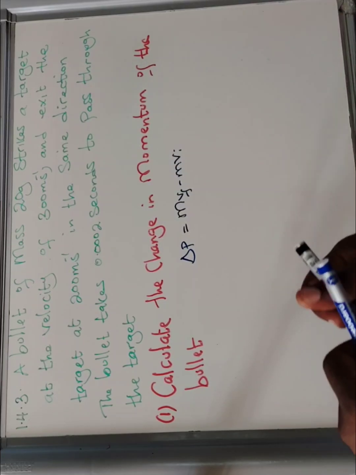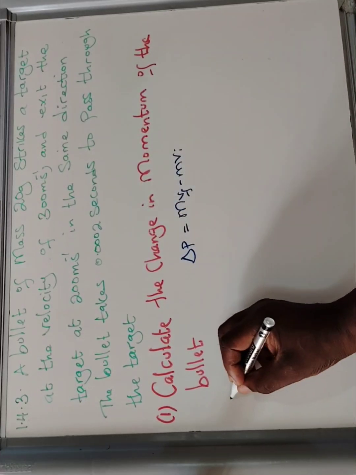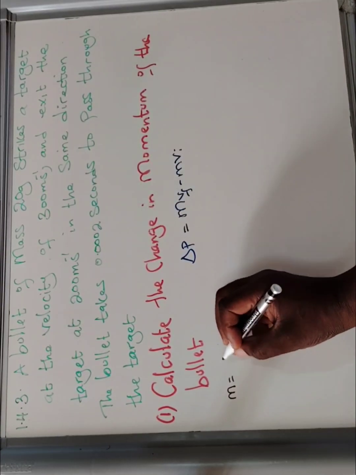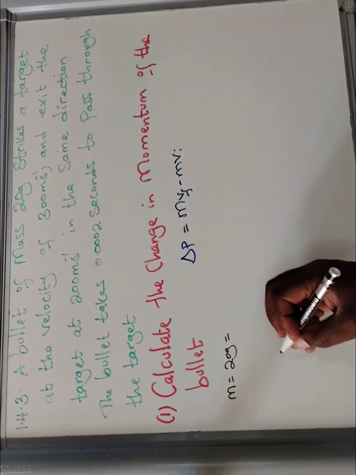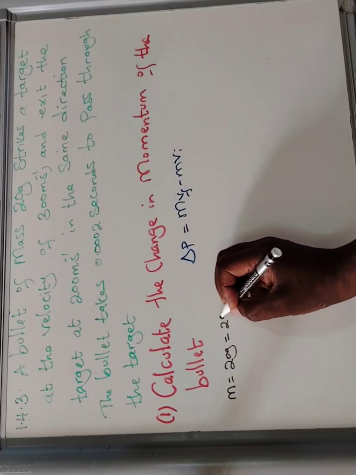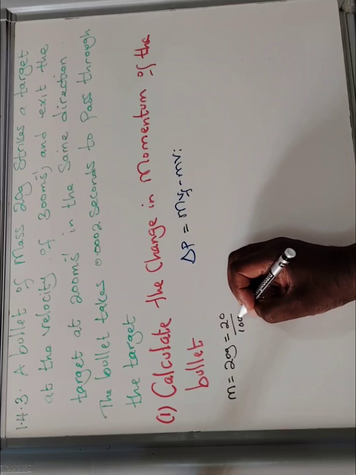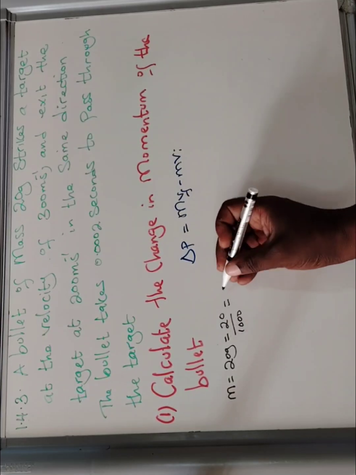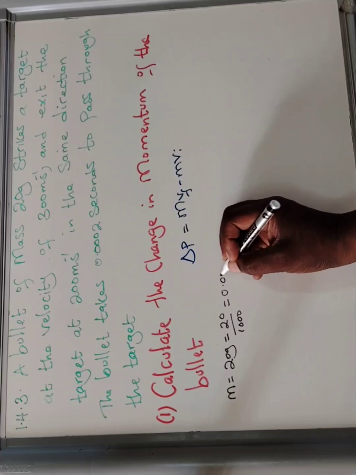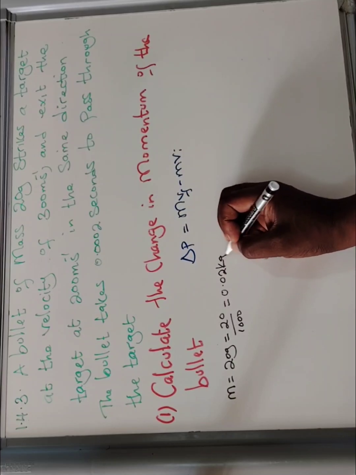Let us start. What do we have in the information? We have the mass, which is 20 grams. That is not an SI unit, so we change it to kilograms. And what do you get here? So we get 0.02 kilograms.